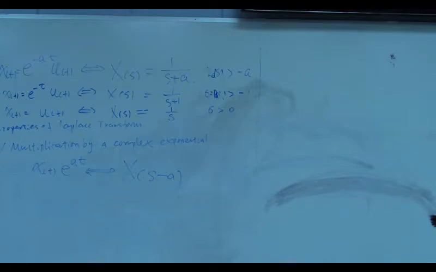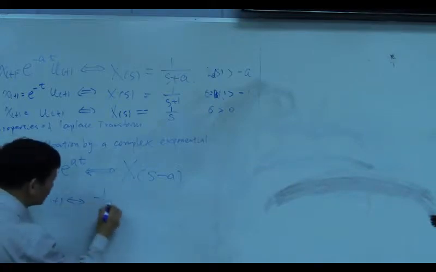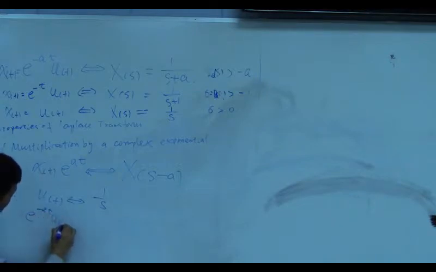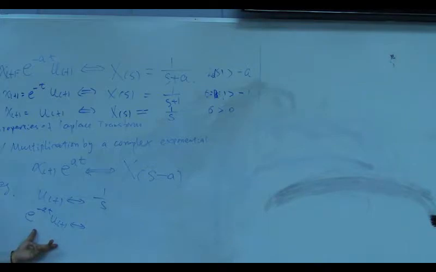Let's verify before a real example. What is u(t)? One over s. What is e to the negative at u(t)? That is the first Laplace transform we have done in this chapter, right?